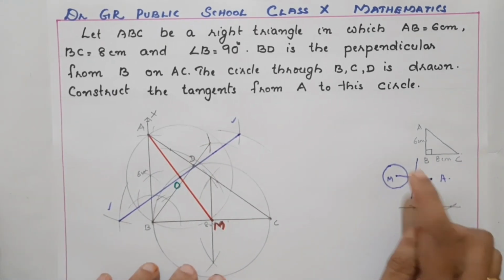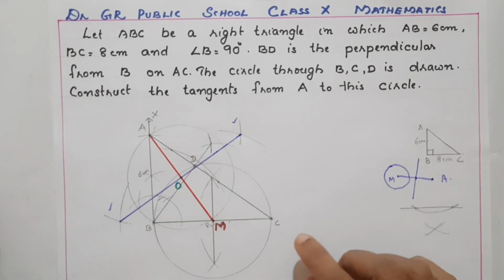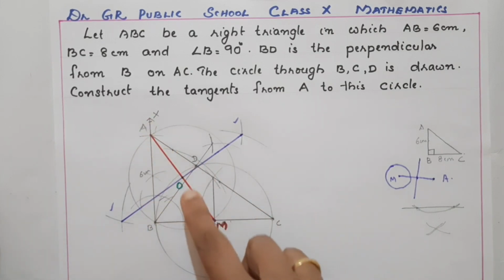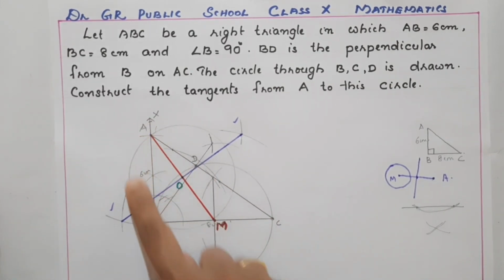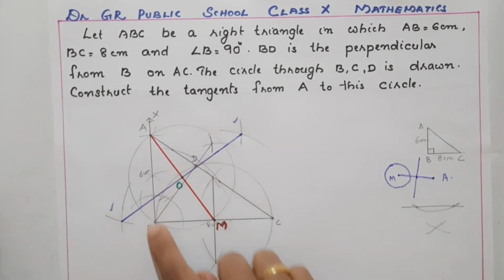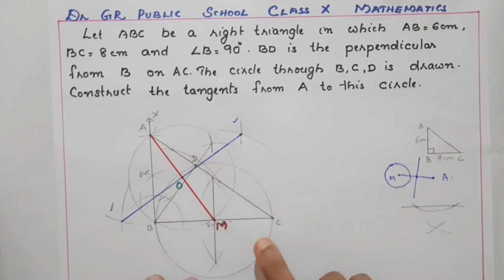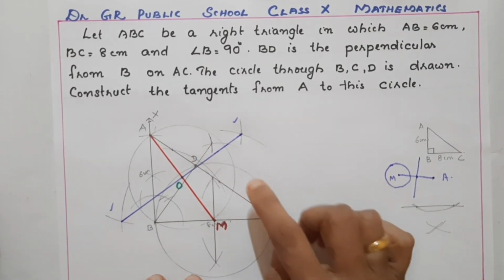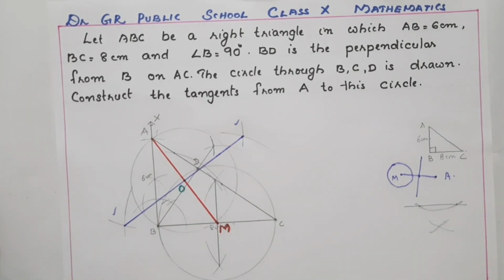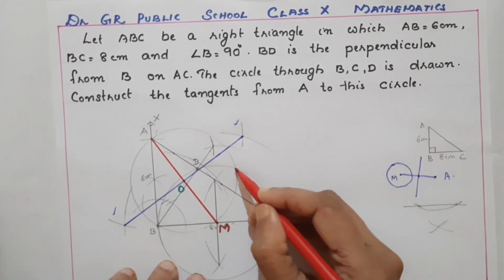Now after drawing two circles, to which circle do we have to draw the tangent? This is the center, this is the new circle, and we need the tangent to the large circle. Where the two circles are meeting, one point is here, isn't it?